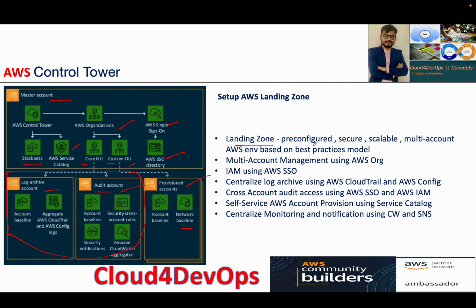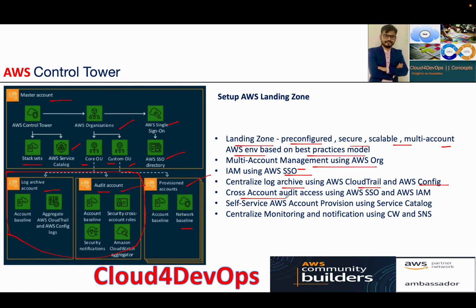So landing zone, let's look at some of the pointers. A pre-configured, secure, scalable, multi-account AWS environment based on a best practices model. Then you have multi-account management using AWS Organizations. Then we are using IAM using AWS SSO. This can be integrated with a third-party vendor like Azure or your on-premises AD. We are doing centralized logging with AWS CloudTrail and Config.